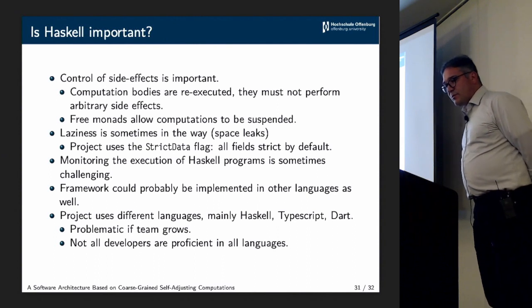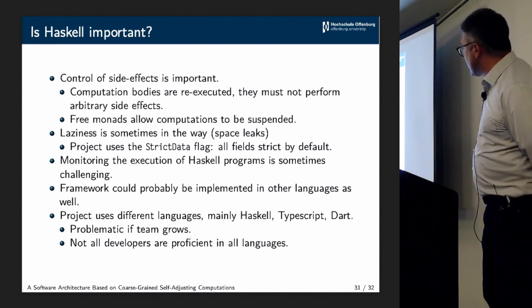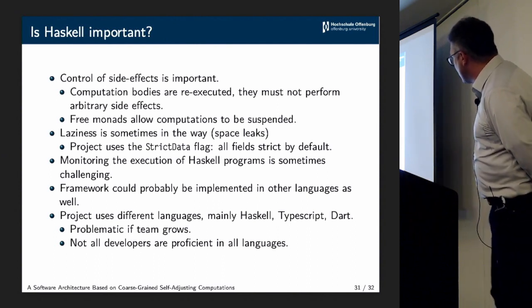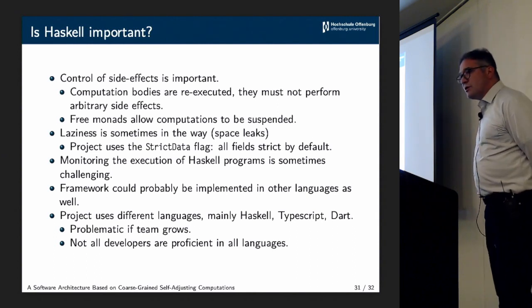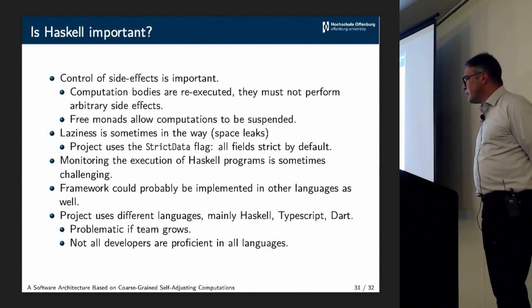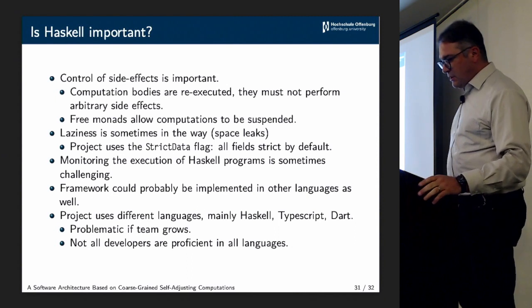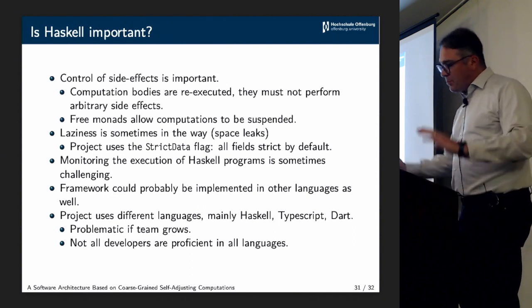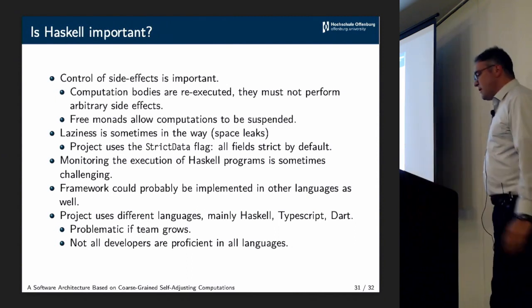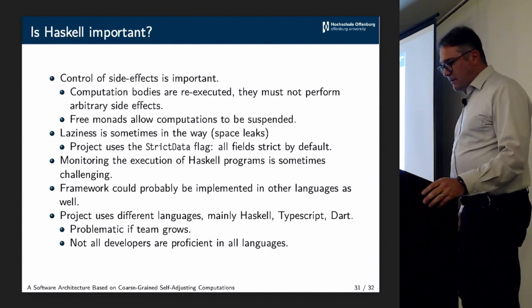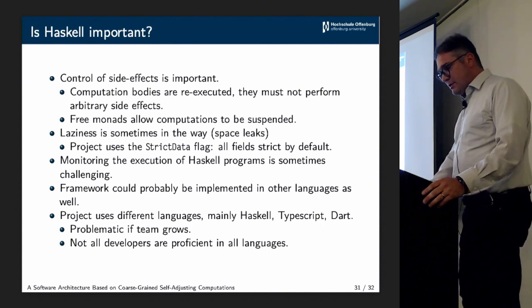And sometimes, or not only sometimes, monitoring the execution of a Haskell program can be really challenging. If you want to know what's going on, then it's not too easy to answer. At least back when I was working with the system, I think such things also improve over time.